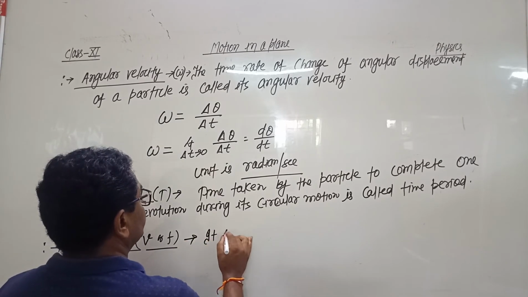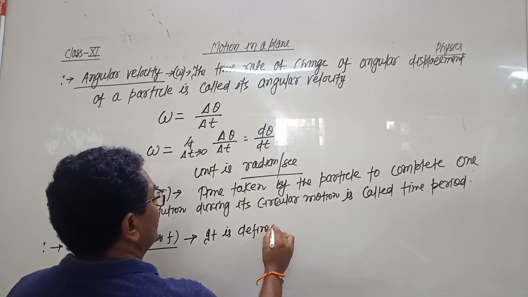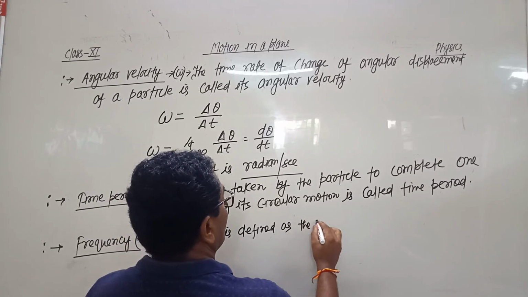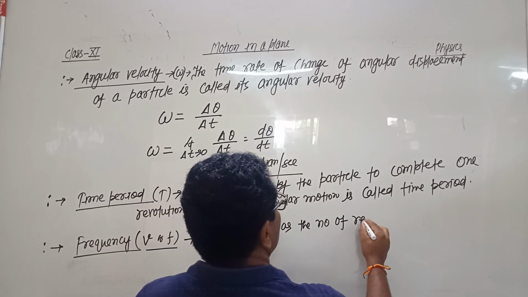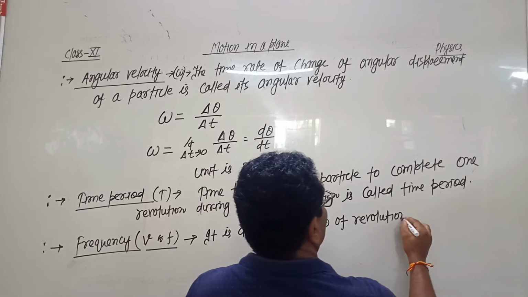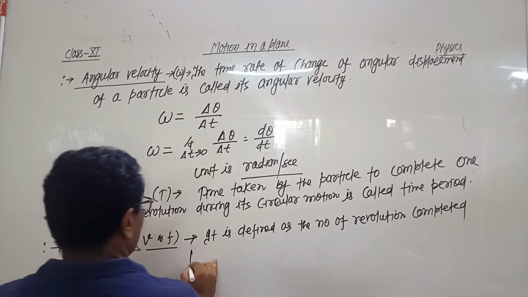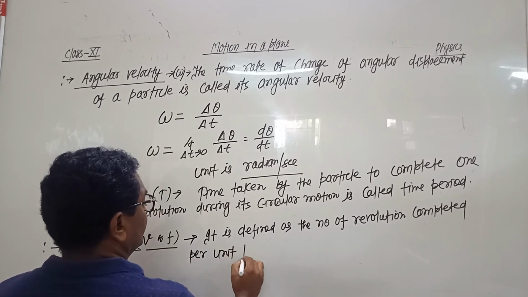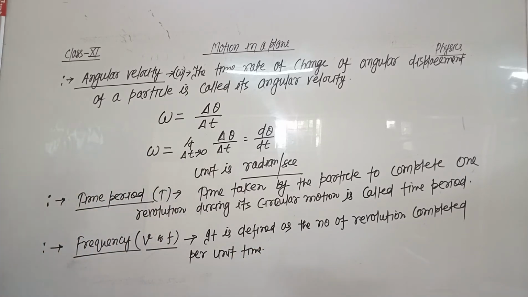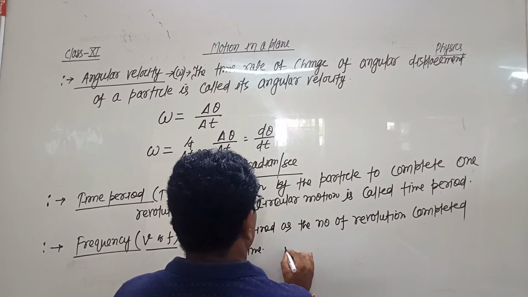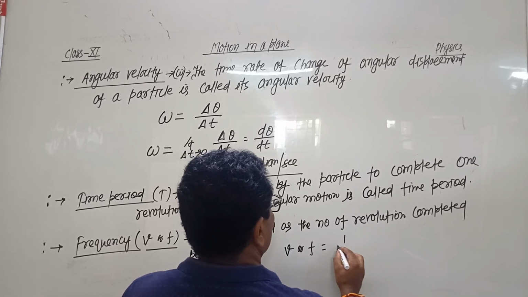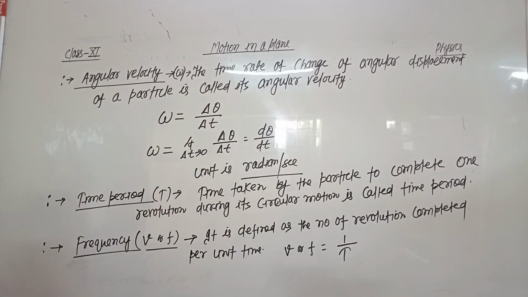Nu, or frequency, equals 1 by T. We can also define it as the reciprocal of time period.